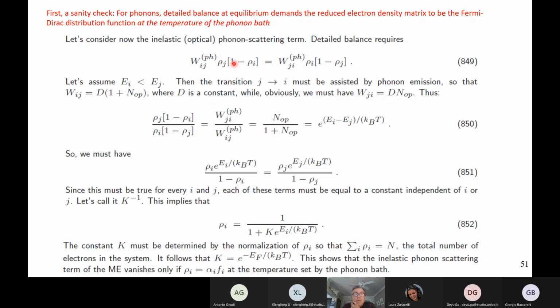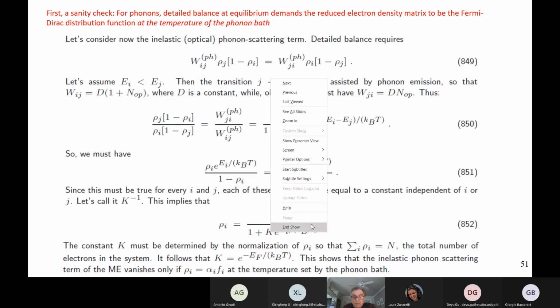So the ratio of this term over this term has to be equal to the ratio of this term over this term, and it has to be equal to this ratio, n divided by 1 plus n, which is exactly this Boltzmann factor. And so you see that plugging it into this expression over here, we have this relationship giving us the occupation of the states I and J, and we find that the solution is given by some Fermi-Dirac form distribution function, except for a normalization constant k over here, which is this constant.